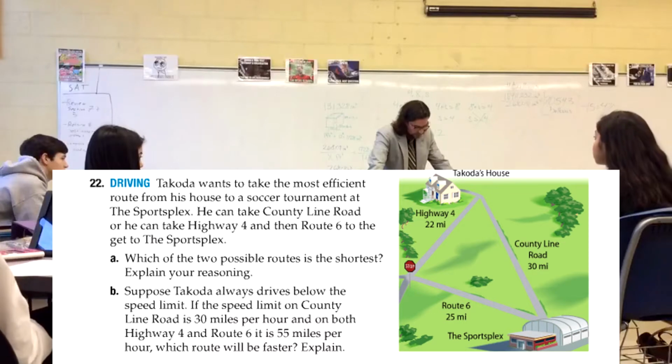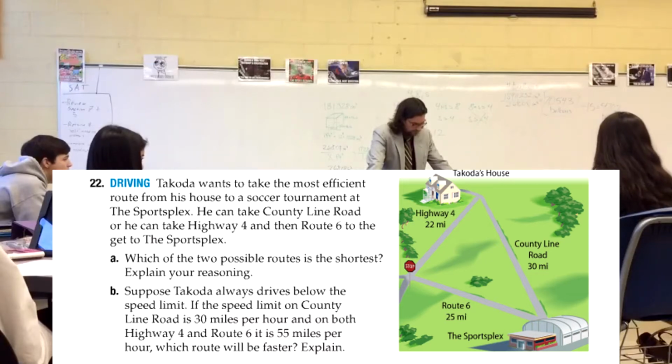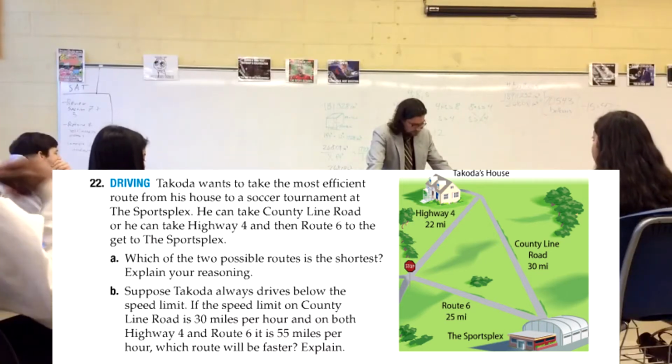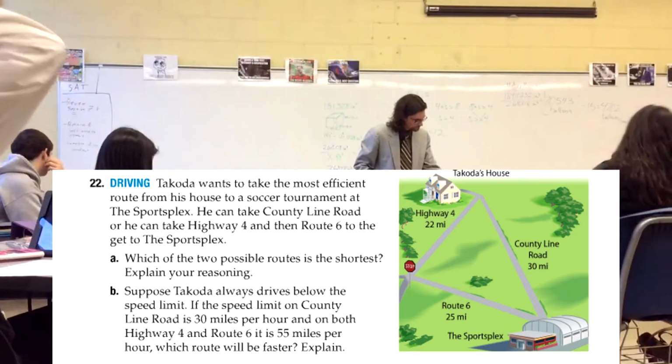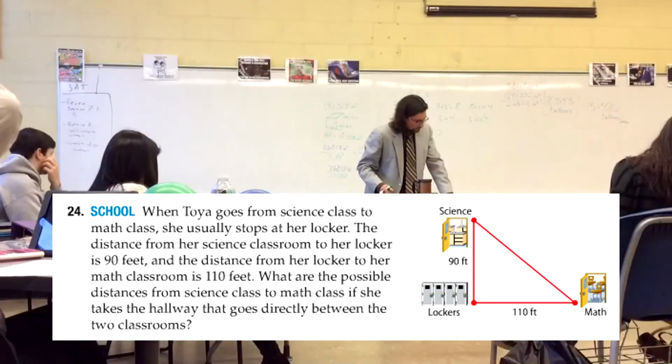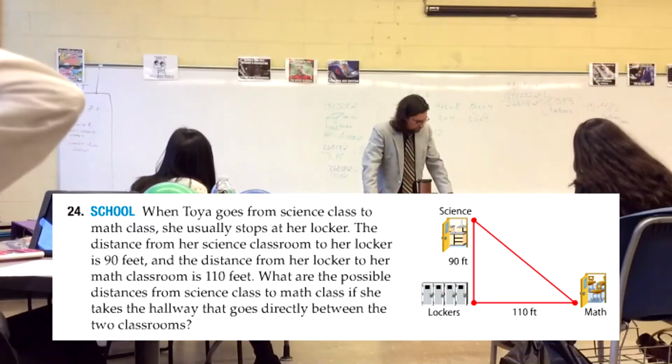And on County Line Road, it's 30 miles per hour, and you're going 30 miles, so you're going exactly a mile a minute. Next is 24. Your range is between 20 and 200 in number 24.